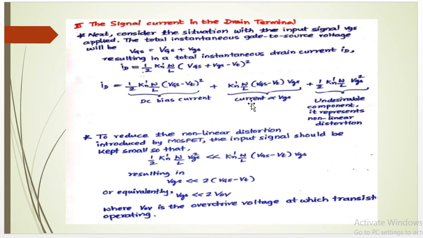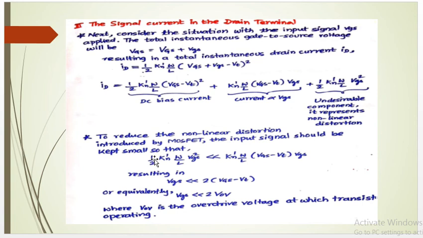Next expression shows the current that depends on the variation of an input signal applied. It may increase or decrease, but it depends on the Vgs value. The third term is an undesirable component. It represents non-linear distortion. So from the basic saturation current equation, we have got these 3 terms.